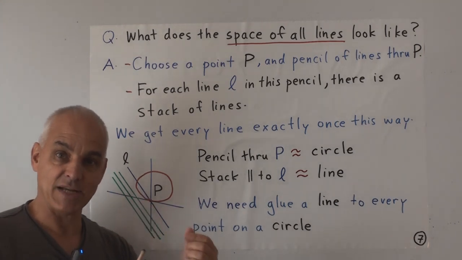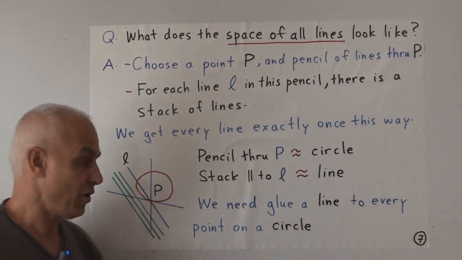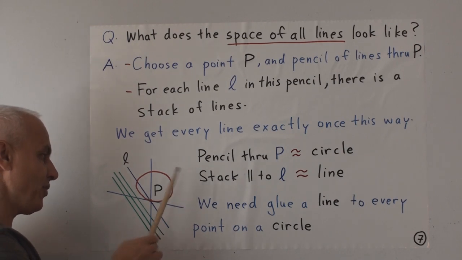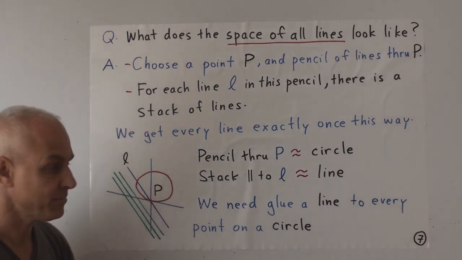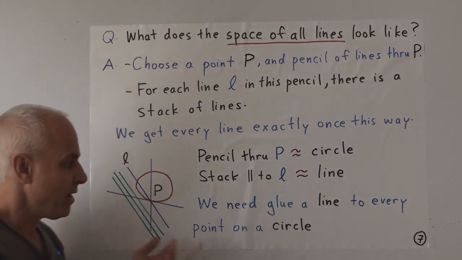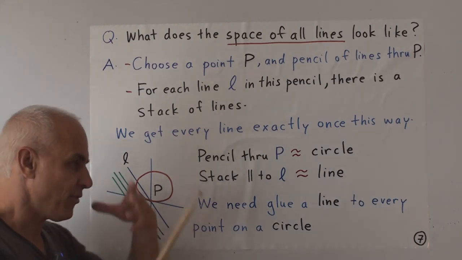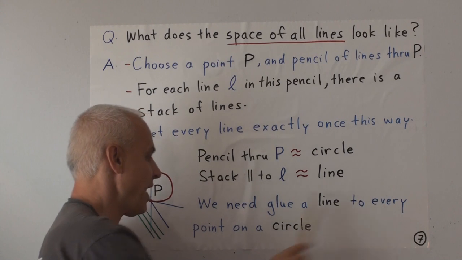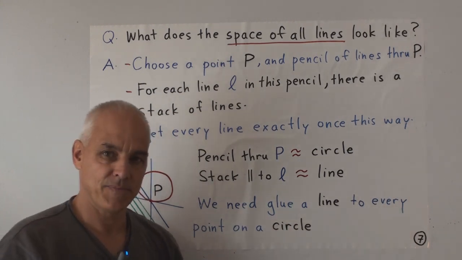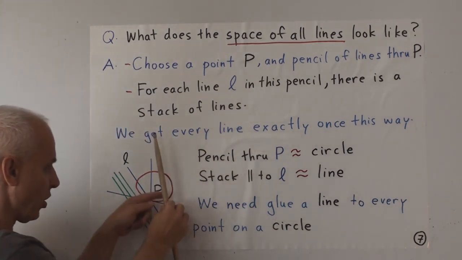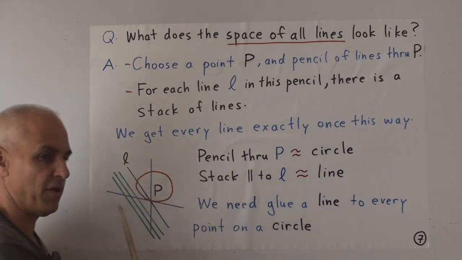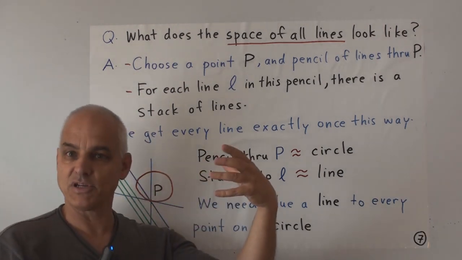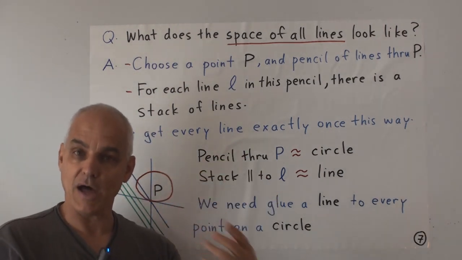The line representing the stack of lines which are parallel to the line through that point. So topologically, sort of geometrically, we need to glue a line to every point on the circle. So if we think of this circle and gluing a line to each point on the circle, then we'll have a parameter space for the set of all lines in the plane.